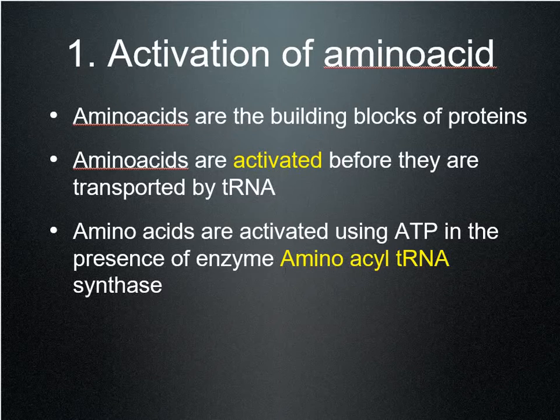So, in activation of amino acid, an amino acid combines with ATP in the presence of amino acyl tRNA synthetase to form amino acyl tRNA. So activation of amino acid gives a charged amino acid which can combine with tRNA.